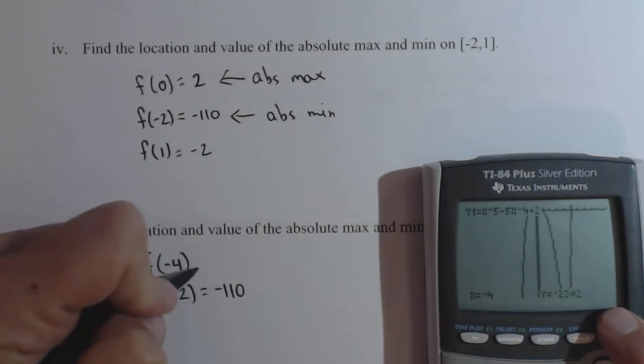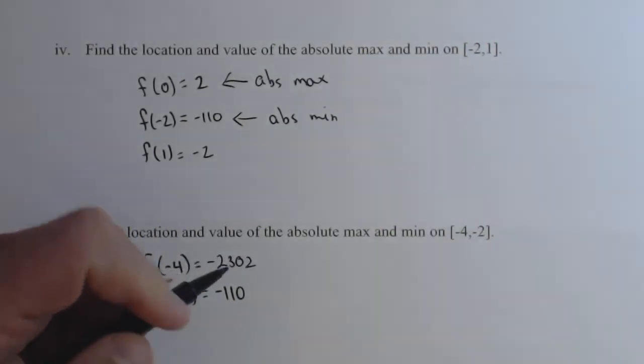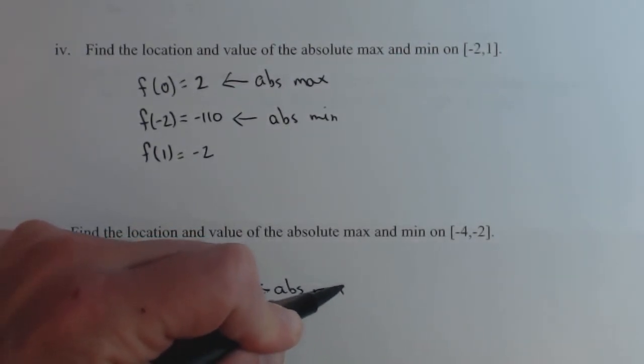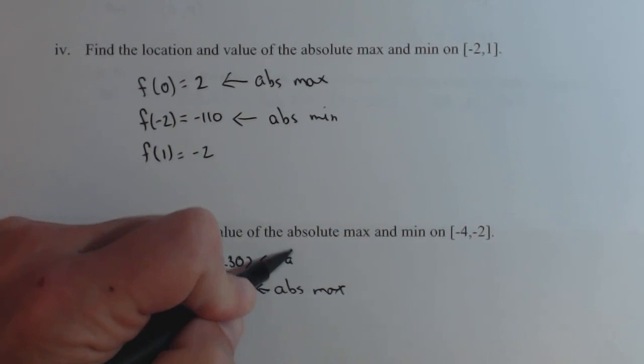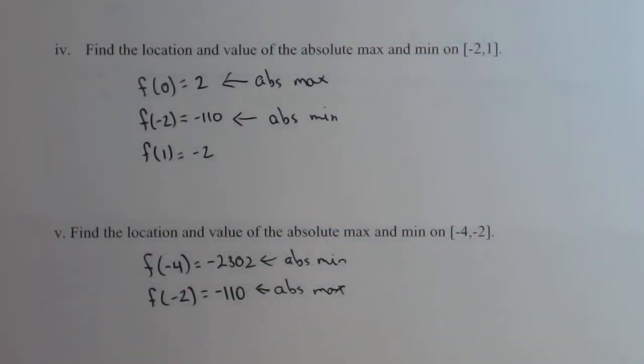We get a very large negative number. So our biggest is our absolute max, and our smallest is our absolute min. So again, what we're doing there is applying the extreme value theorem because we're only looking at a segment of our function, not over all real numbers.